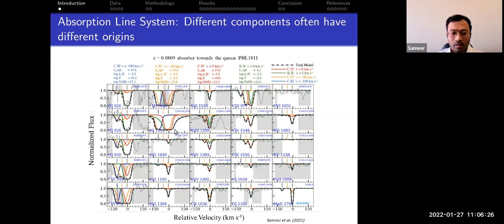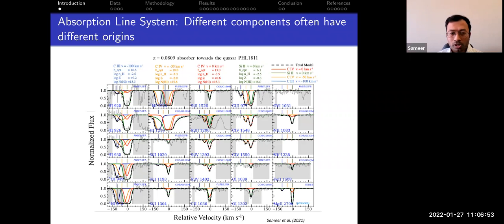What comes out of this analysis is that these different absorption components have different origins. They have different properties, which could be differences in their metallicity. This could be inflowing gas, outflowing gas, or altogether gas that is associated with different galaxies.